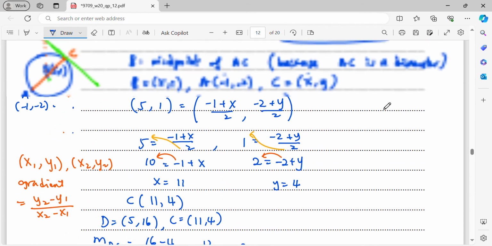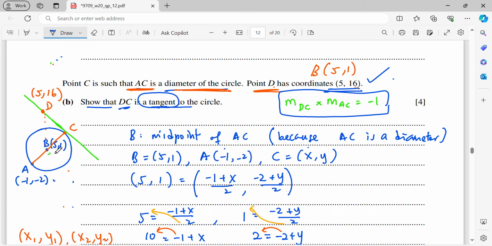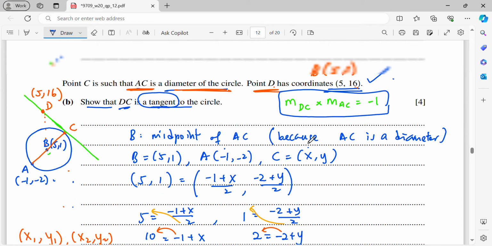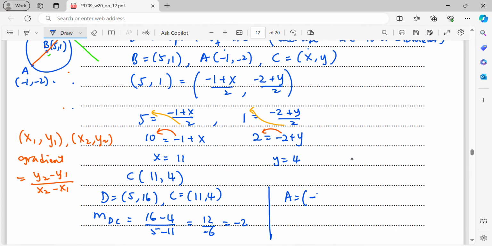Okay, now I need to find out what is my gradient of AC. So m AC, my A with coordinates -1, -2. And then my C with coordinates 11, 4. So now my m AC equals 4 minus -2 over 11 minus -1. Therefore, this is 6 over 12. So I am getting half.